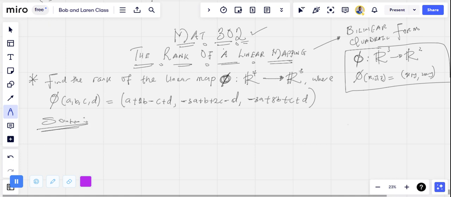The first thing you need to remember is you need to find the matrix A for the linear map. How will you look for matrix A?